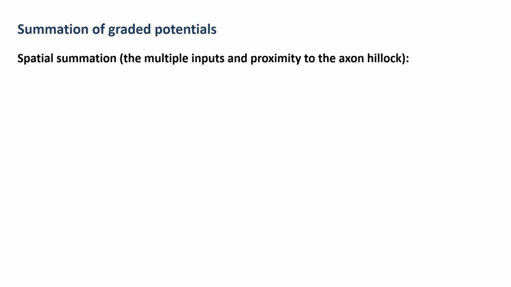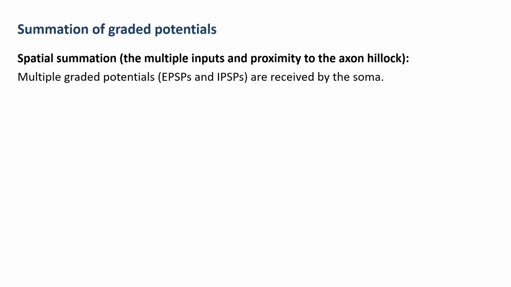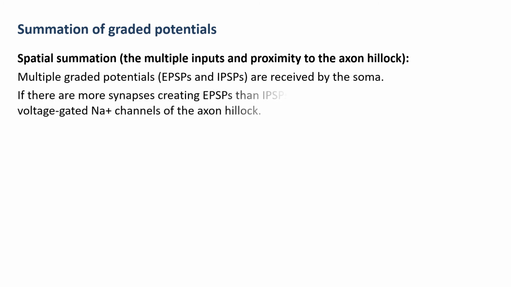So spatial summation is about the number of multiple inputs all firing at the same time, and the proximity to the axon hillock. So multiple graded potentials, EPSPs and IPSPs, are received by the soma.